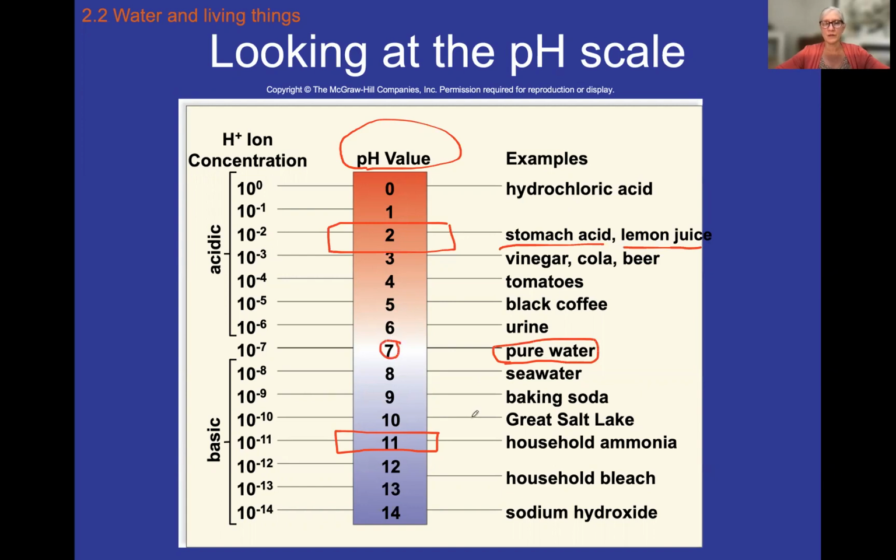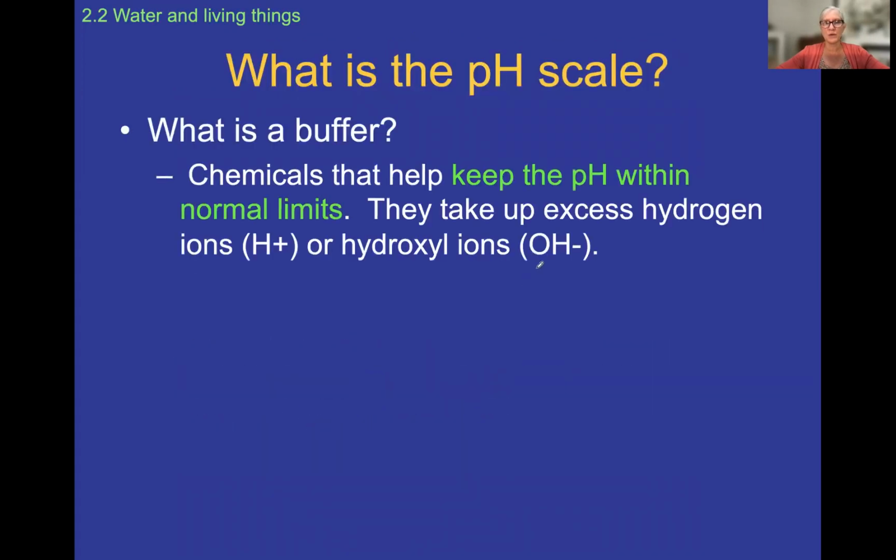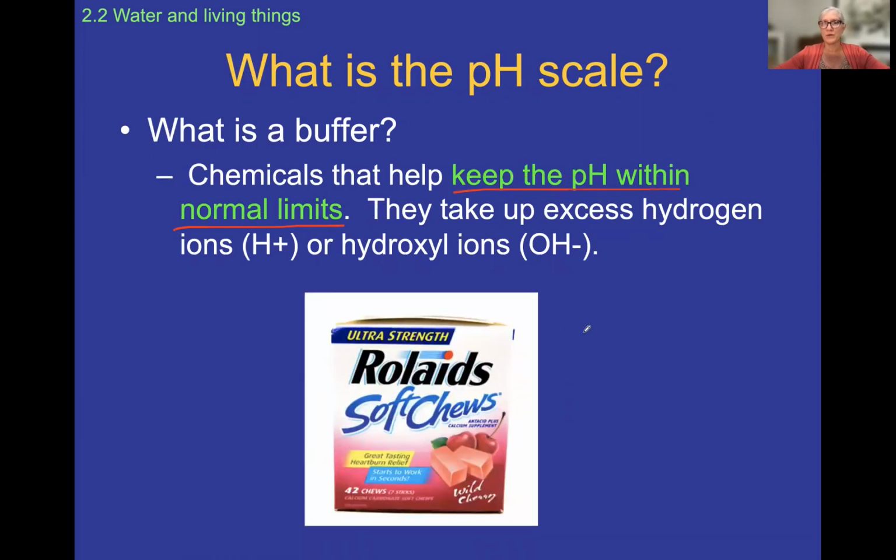All right, so when we talk about buffering the pH, the buffer will keep pH in normal limits. All right, so the buffer can help it from making drastic changes, and we have buffers in our body to do that. So a picture of Rolaids.